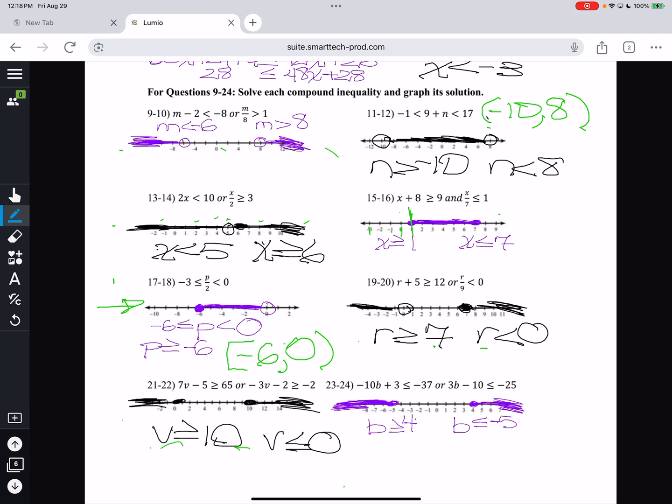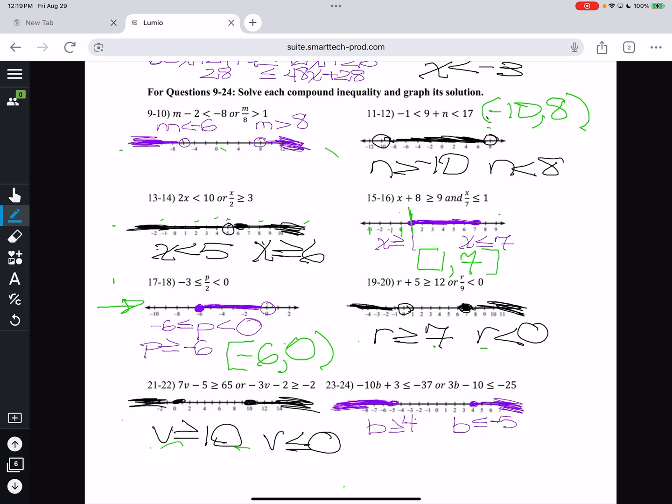Bracket 1, comma 7, and another bracket. Perfect. All right. Everybody agree? Because they were or equal to. Okay. That takes care of the barbells.